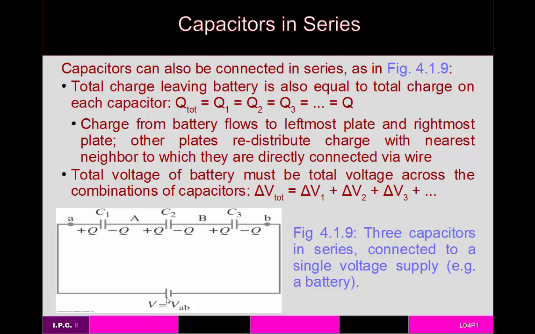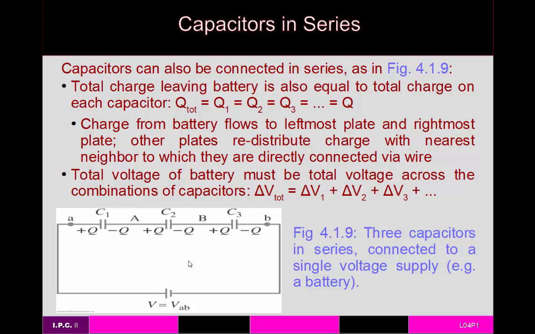Well, let's treat this as a battery which sends out an electron this way and which pulls electrons this way off of this plate. The electron that is sent off this way is going to end up accumulating on this plate, which is going to kick another electron off of this plate, causing there to be a hole here. That electron moves here, kicks an electron off of this plate, which moves here, kicks an electron off of this plate, which is the hole that gets drawn to the negative terminal of the battery.